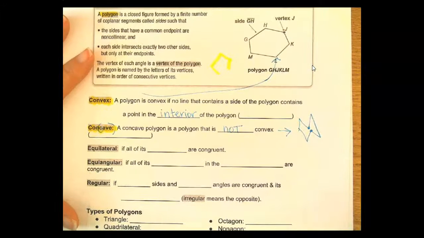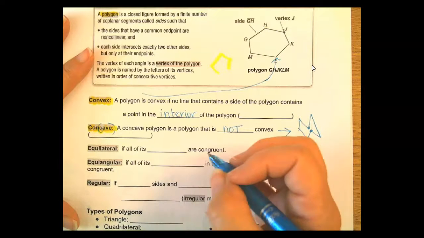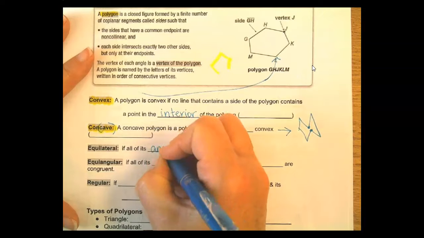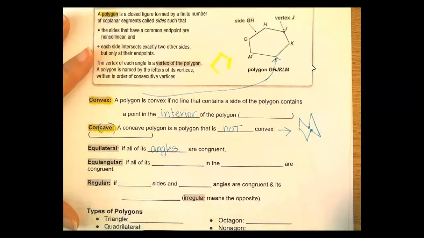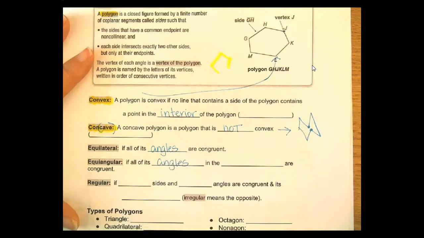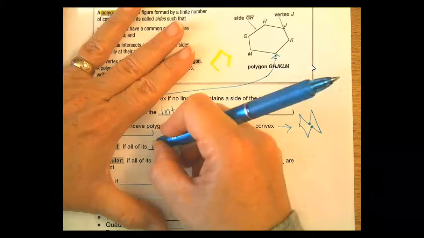Equilateral. So all of its angles are congruent. Equiangular, I have those backwards. I knew I did. Let's change this.